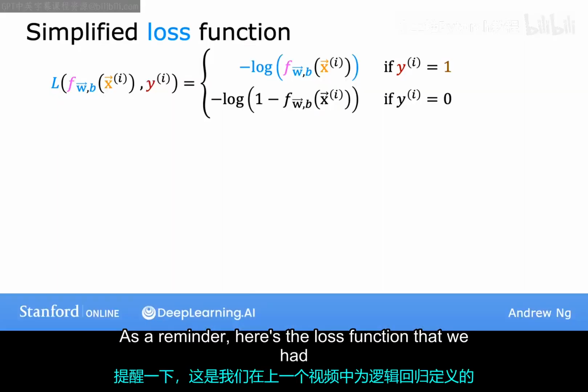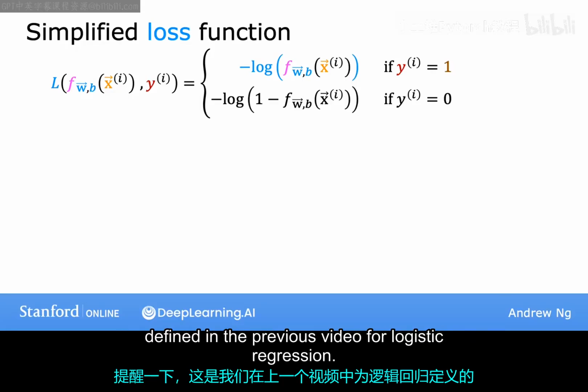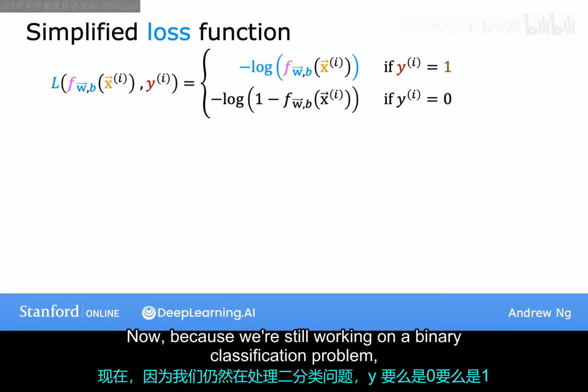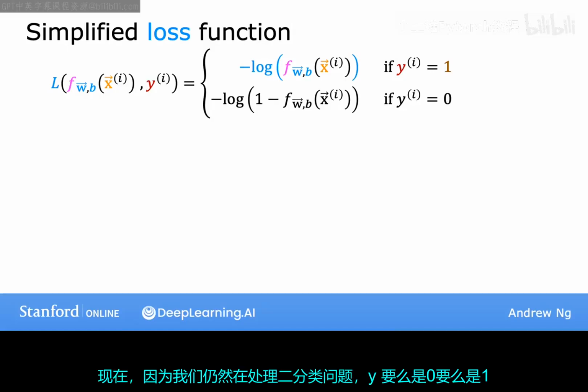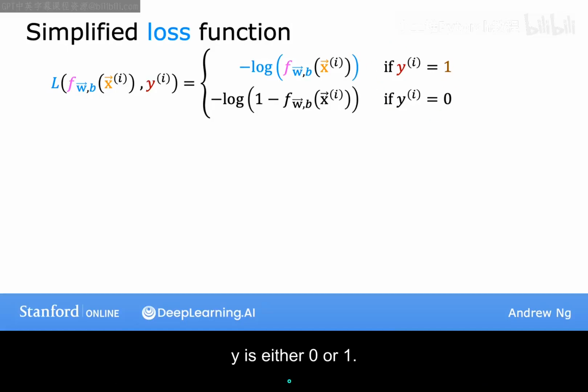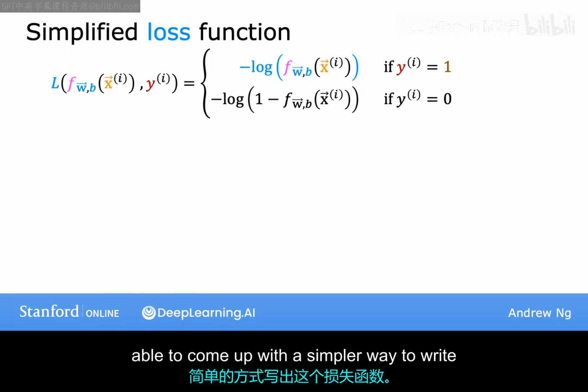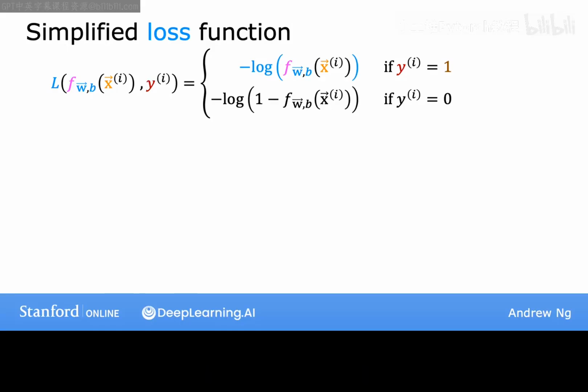As a reminder, here's the loss function that we had defined in the previous video for logistic regression. Now, because we're still working on a binary classification problem, y is either 0 or 1. Because y is either 0 or 1 and cannot take on any value other than 0 or 1, we'll be able to come up with a simpler way to write this loss function.